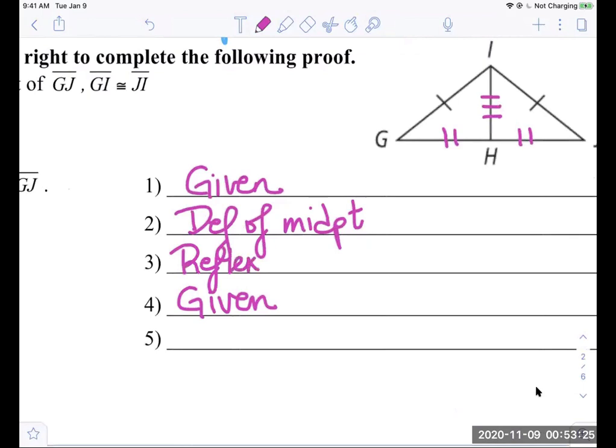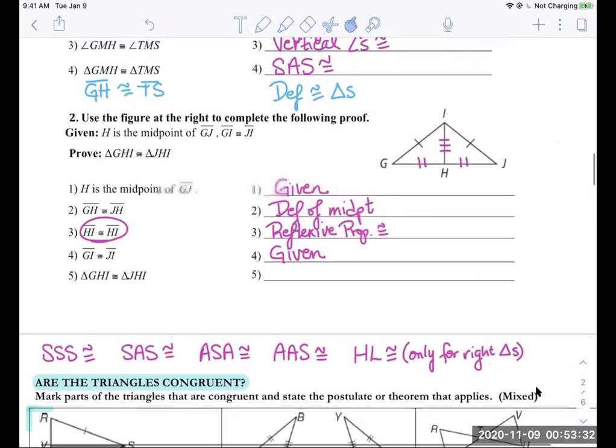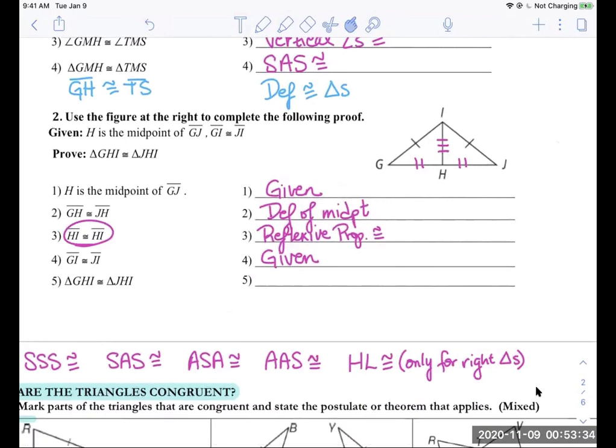So if you've been wondering when in the world we would be using something like reflexive, this is how it's helpful. And this happens fairly often with these problems. Whenever there's a shared segment between two triangles, then you can use that shared segment in both triangles, and the reason is reflexive.